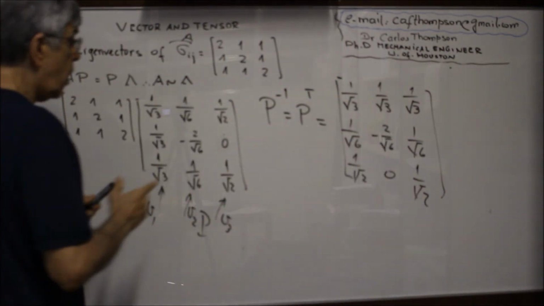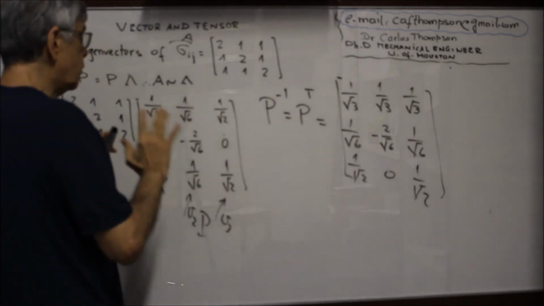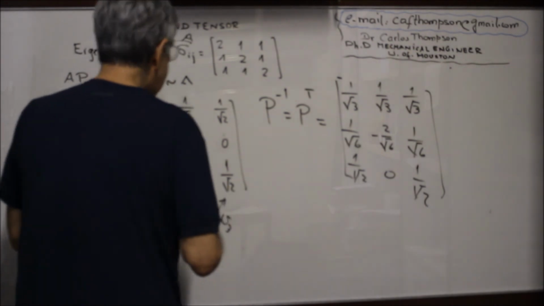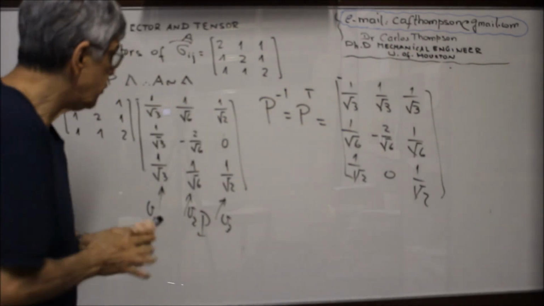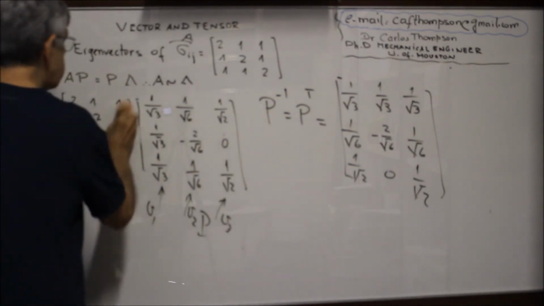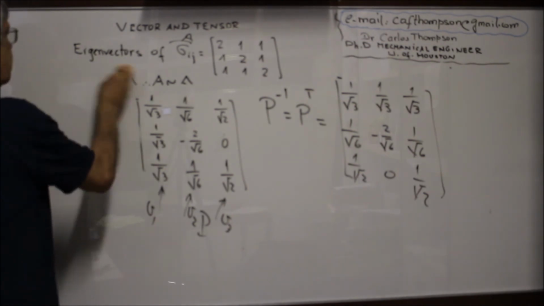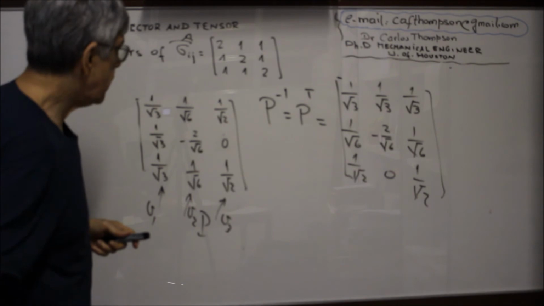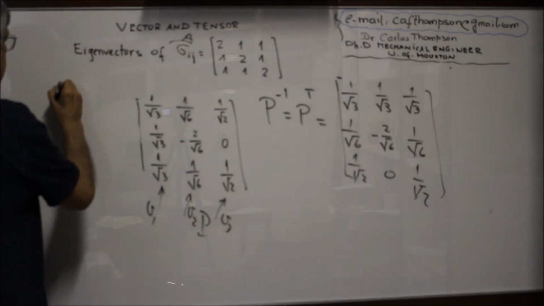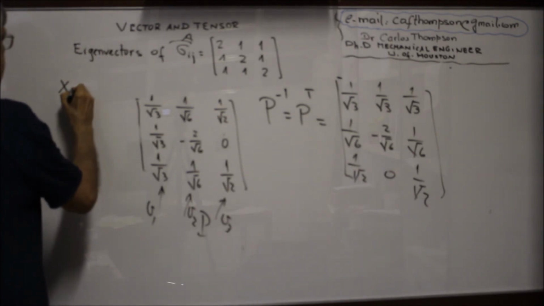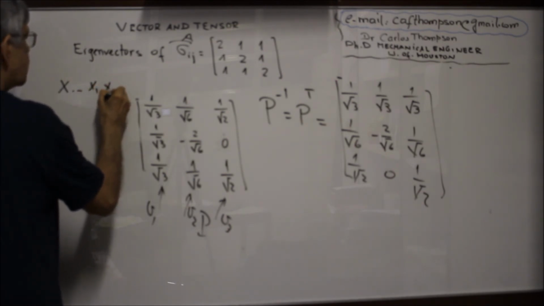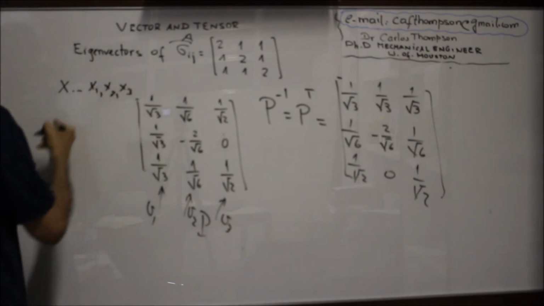You see? Now, what I would like for you to pay attention to is this. So we have a system, let's write here, just for you to understand what P or P minus 1 is. For instance, if I have a vector X, let's write it in the X1, X2, X3 coordinates.